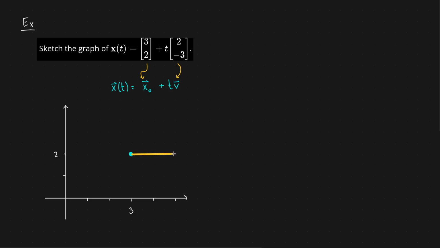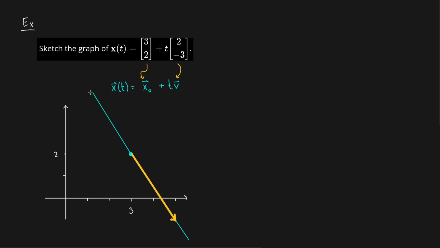So 1, 2 right, and 1, 2, 3 down. Okay, that's our direction vector, which means the line is pointing in that direction and going through that point.